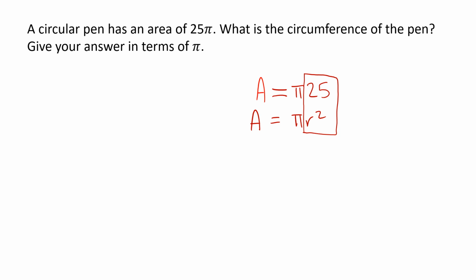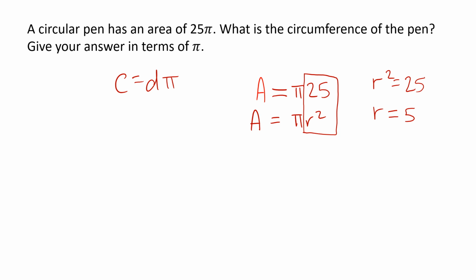If the radius squared is equal to 25, then what is the radius? Well, this is saying some number times itself is 25. That number has to be 5. Okay, fine. So now the circumference. The circumference is the diameter times pi, back from the old lesson on circumference.